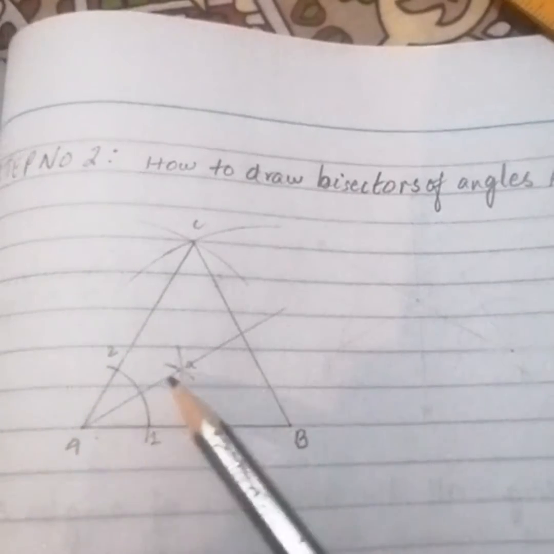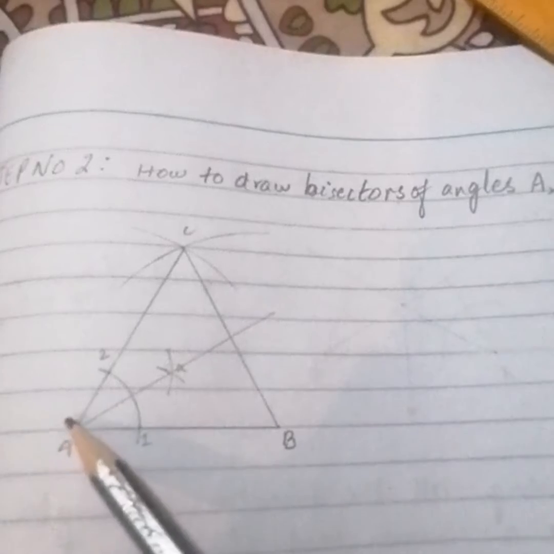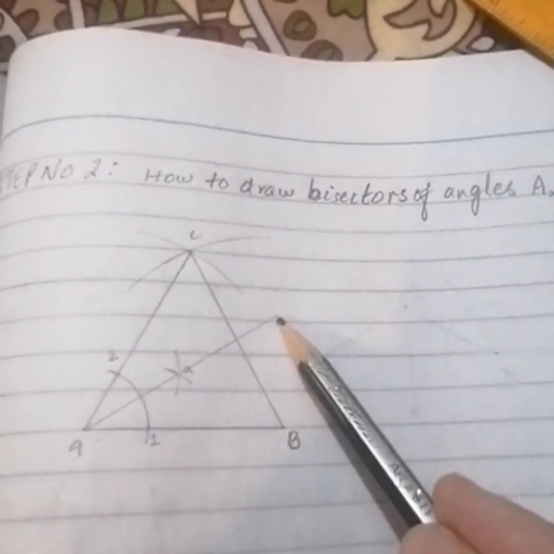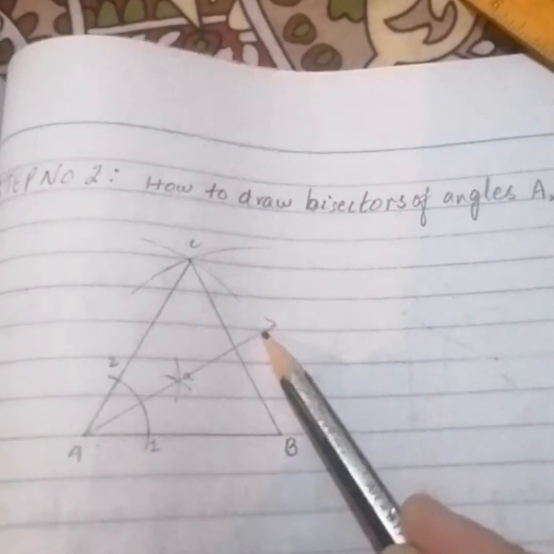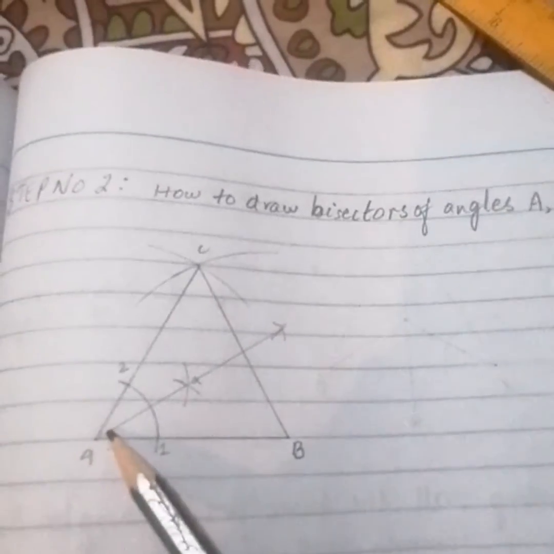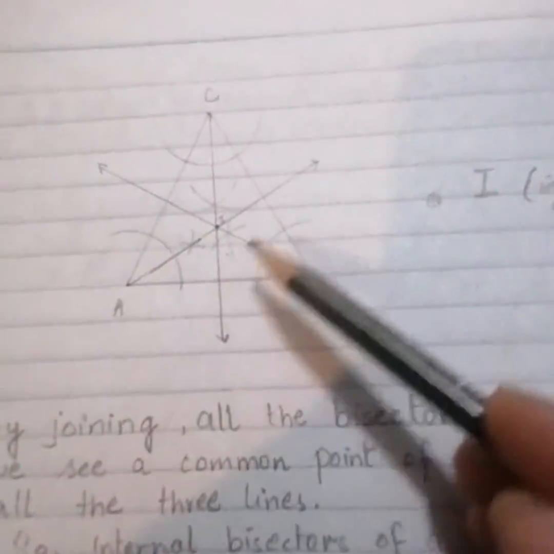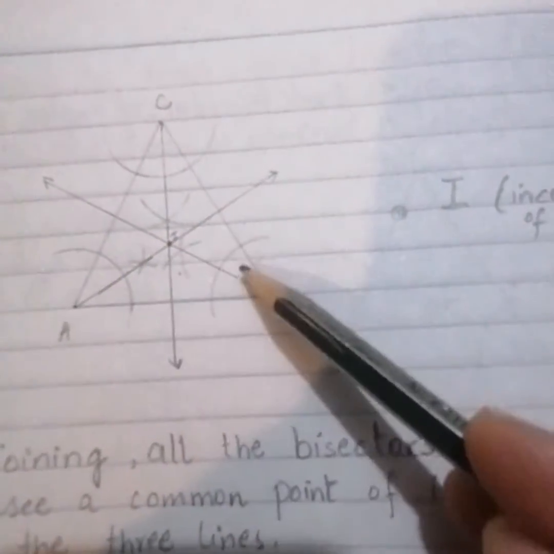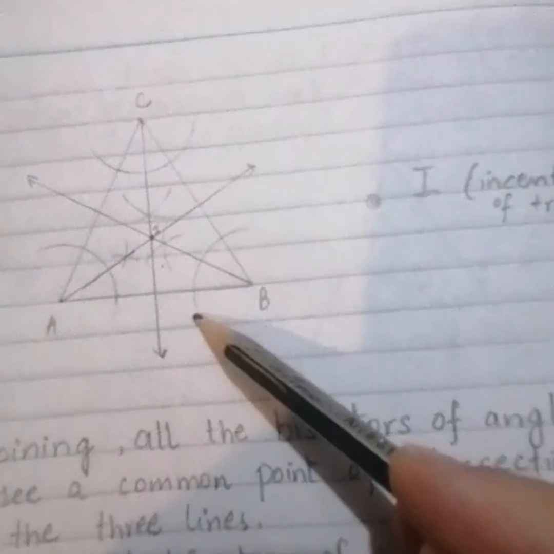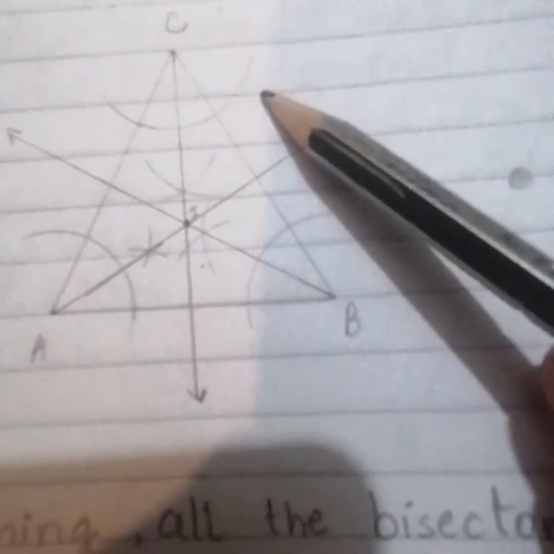Now you join this point to A, moving outward. This is the angle bisector. By using the same method, we have drawn the angle bisector of angle B and angle bisector of angle C.